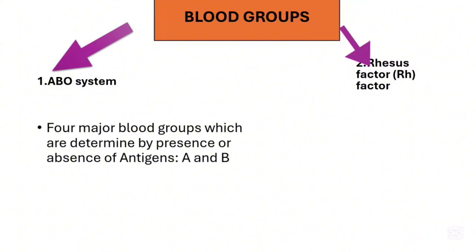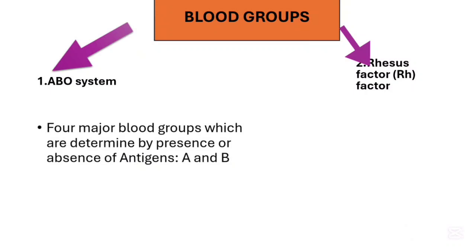There are two types of antigens, antigen A and antigen B. Antigens are found on the surface, or the membrane, of the red blood cells.